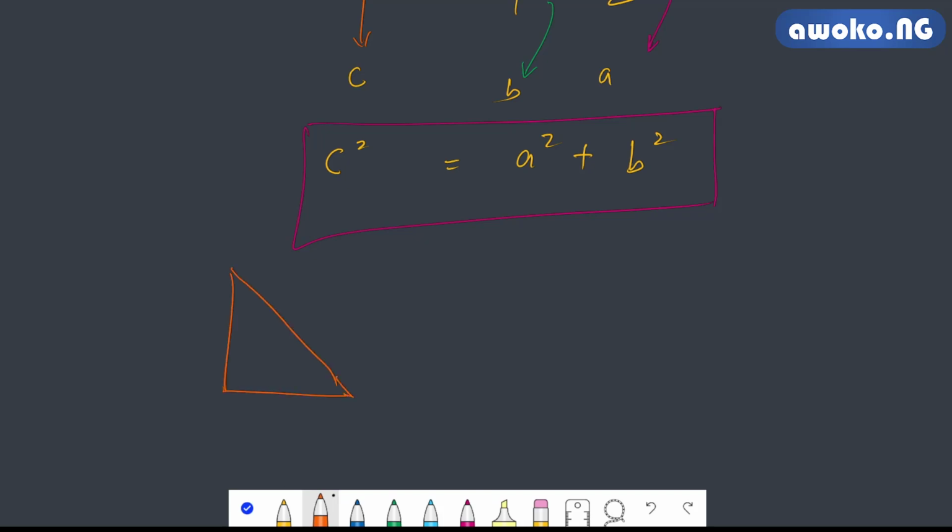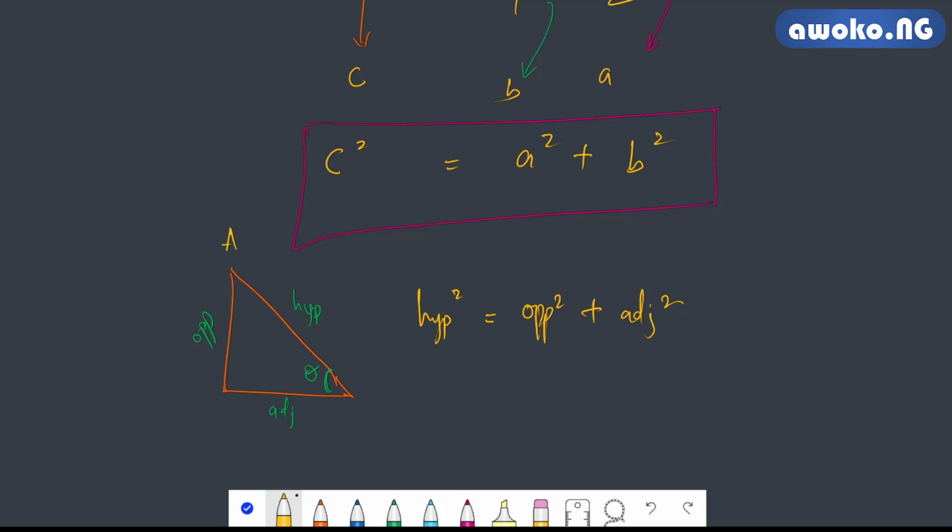This is seen as the longest side, which is the hypotenuse, while this, let's say the angle is here, this is the opposite and this is the adjacent.